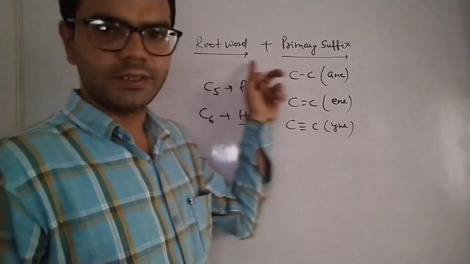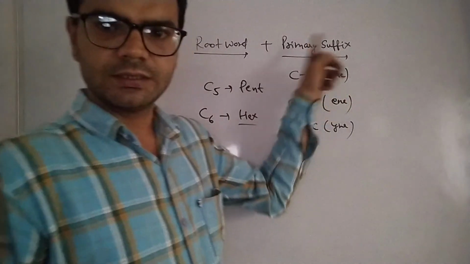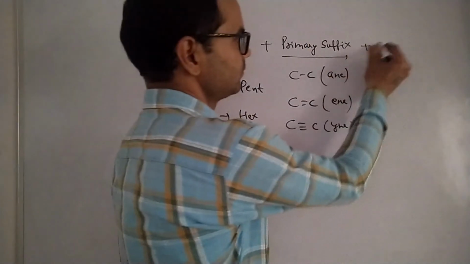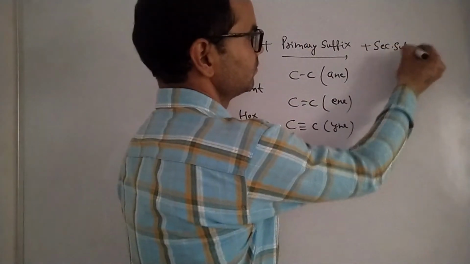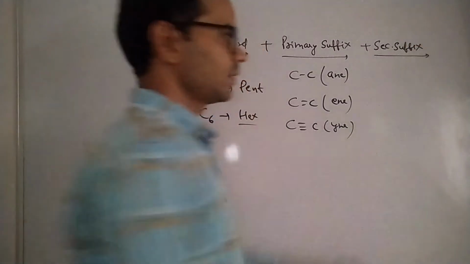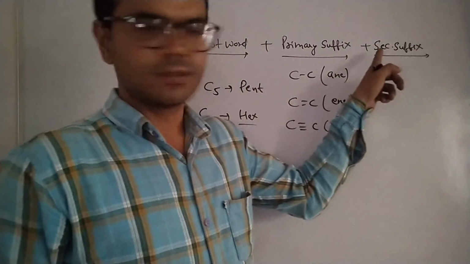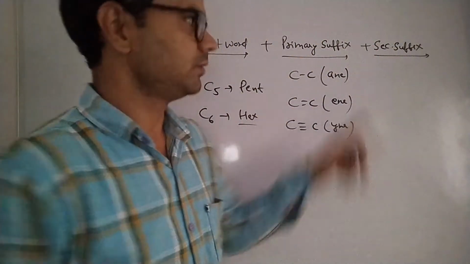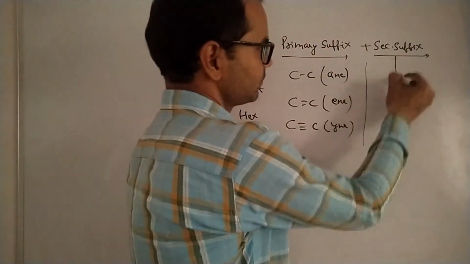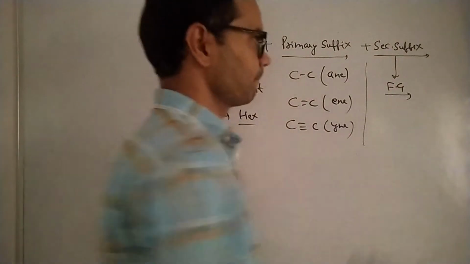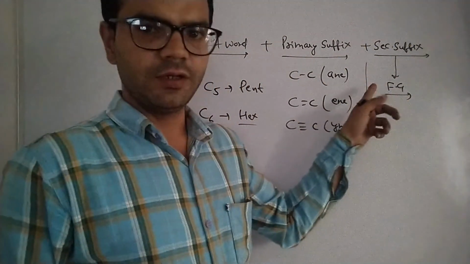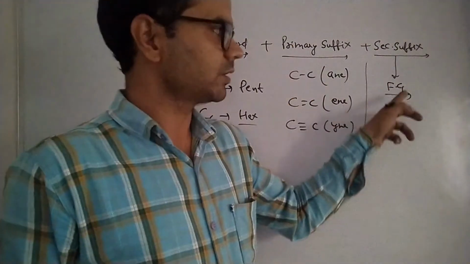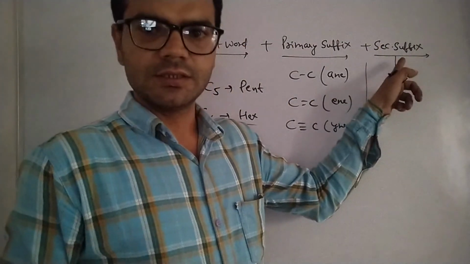First is the root word plus primary suffix. Next is the secondary suffix. We use the secondary suffix when there is a functional group, and each functional group has a specific suffix.